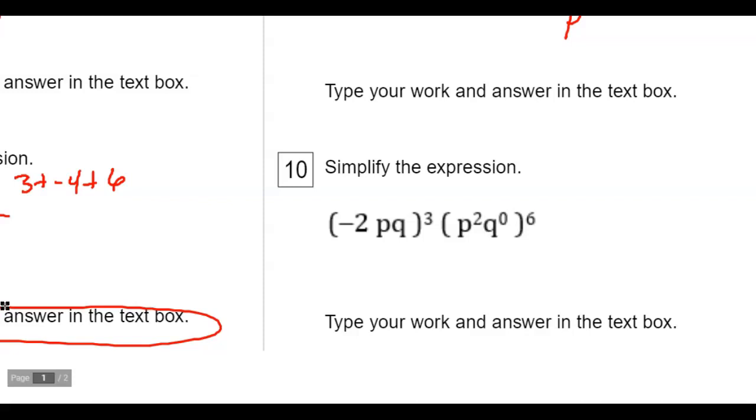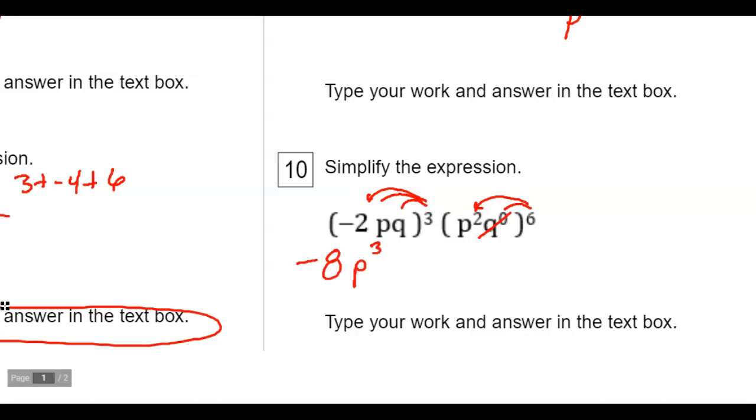Before you do any combining, this 3 multiplies in, so you distribute that in. The 6 goes in twice. But remember, anything to the 0 power is 1, so that's going to cancel because 6 times 0 is still 0. But I have -2 cubed, which is -8.